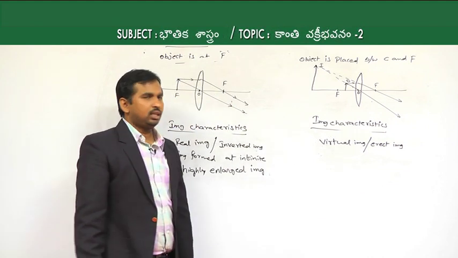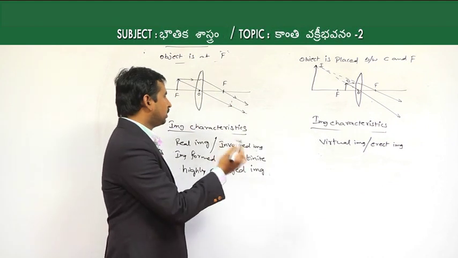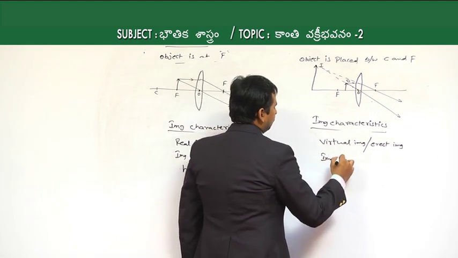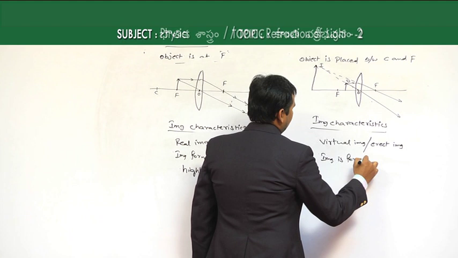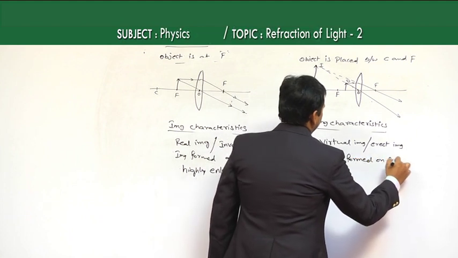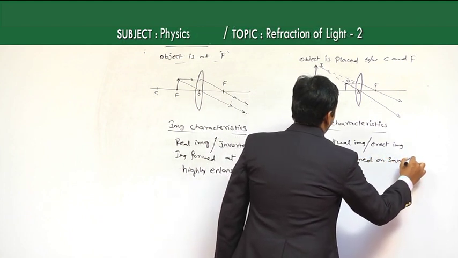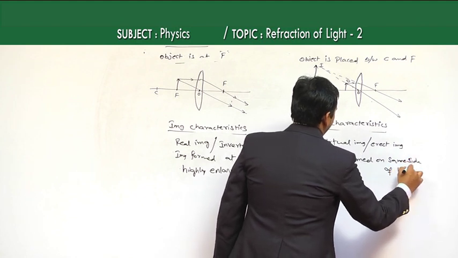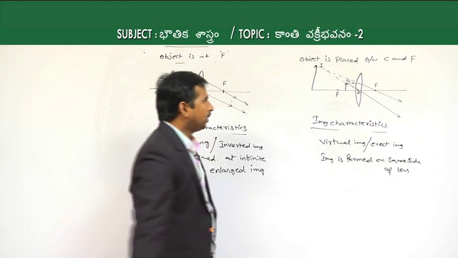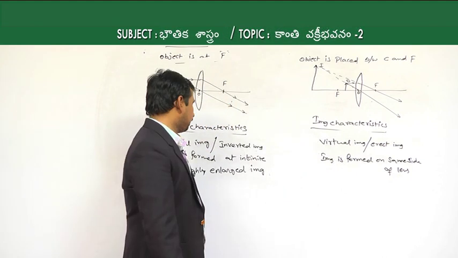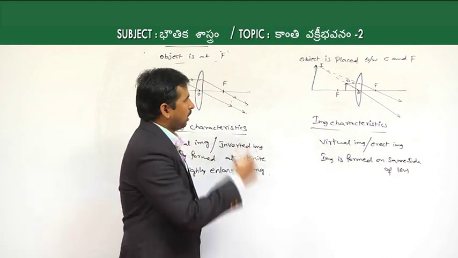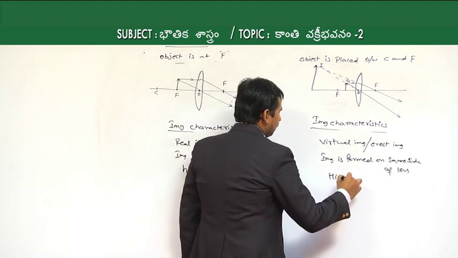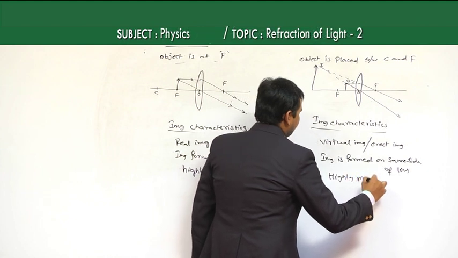The image formed is on the same side of the lens, or on the object side. After refraction, the image formed is a highly magnified image.